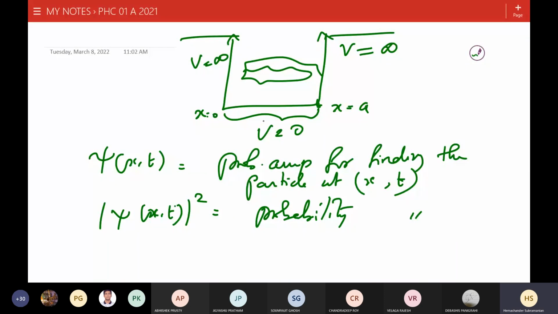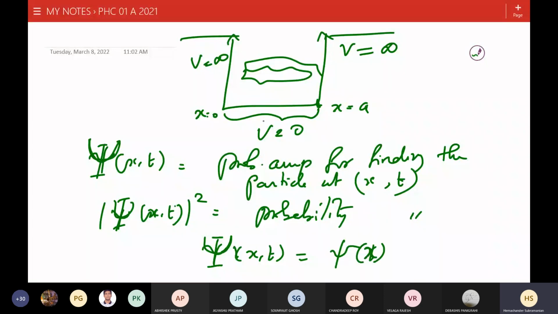And remember, we used separation of variables, meaning that this function of x and t, let me write it as capital psi, can be written as some small psi of x times phi of t. This is called the separation of variables approach.